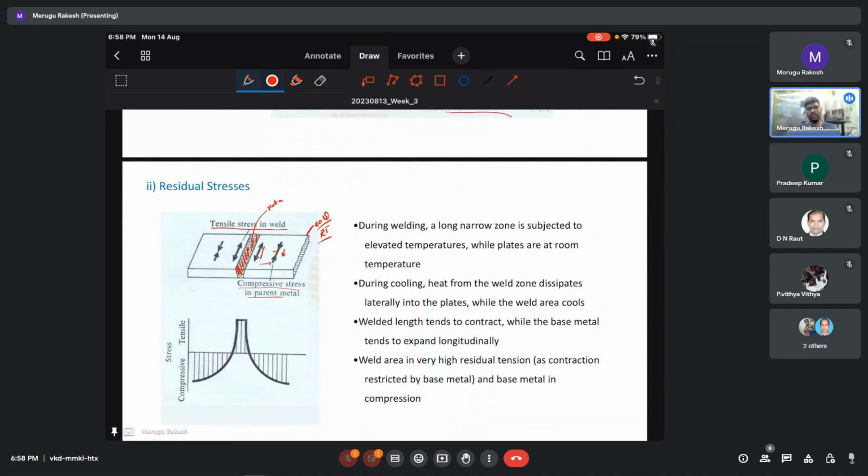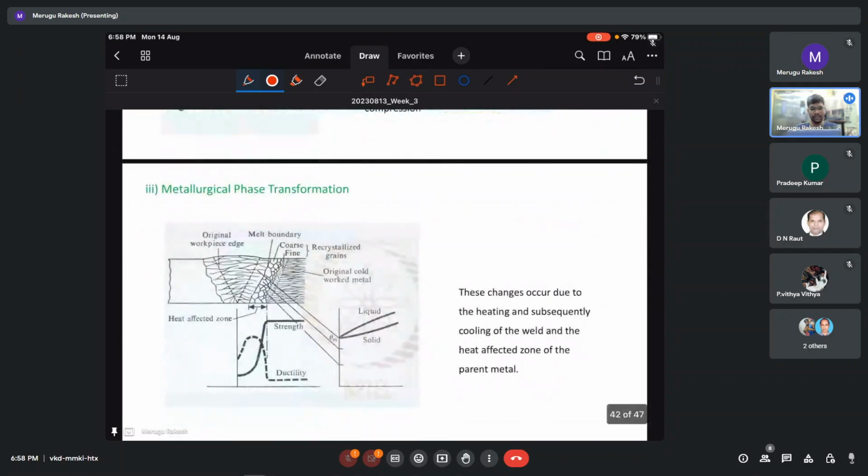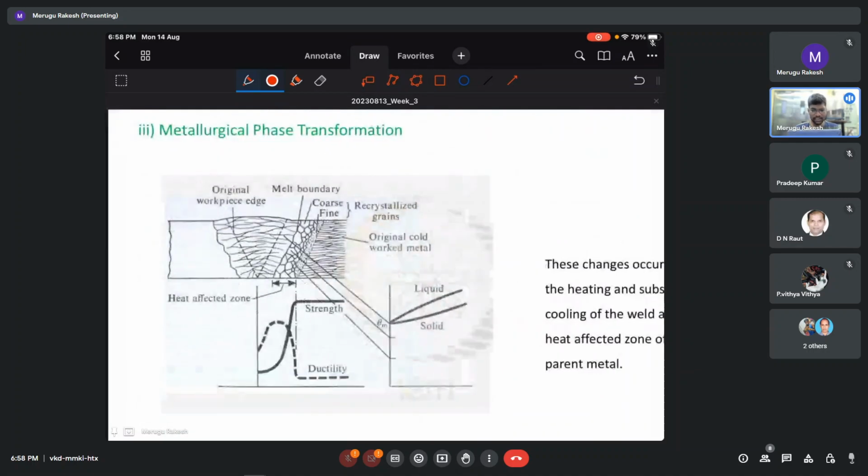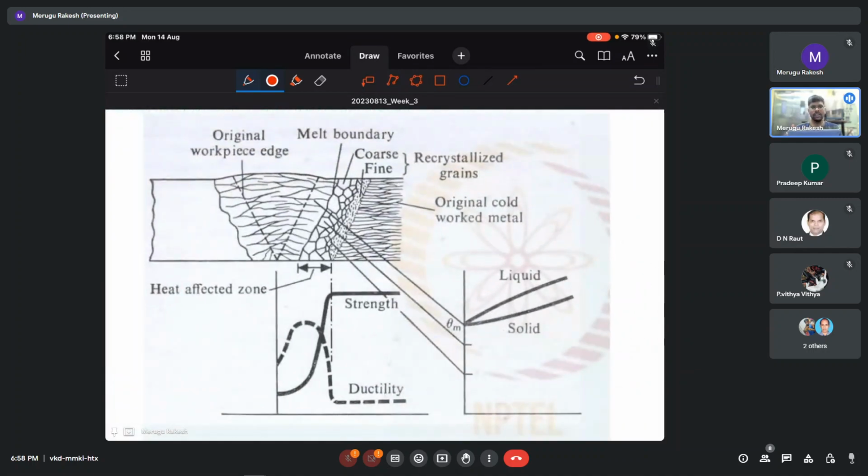So we have to go for heat treatment to remove all these residual stresses. And the final one is the metallurgical phase transformation. I have also explained this when you see the microstructure of the weld point.